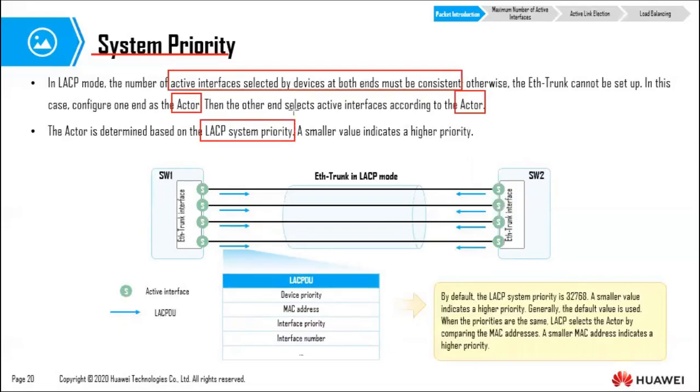Just like in STP, a device with a smaller LSCP system priority is selected as the actor. Is that clear? Where do we get the LSCP priority? On the LSCPDU, the device priority. By default, just like in STP, the priority is 32,768.